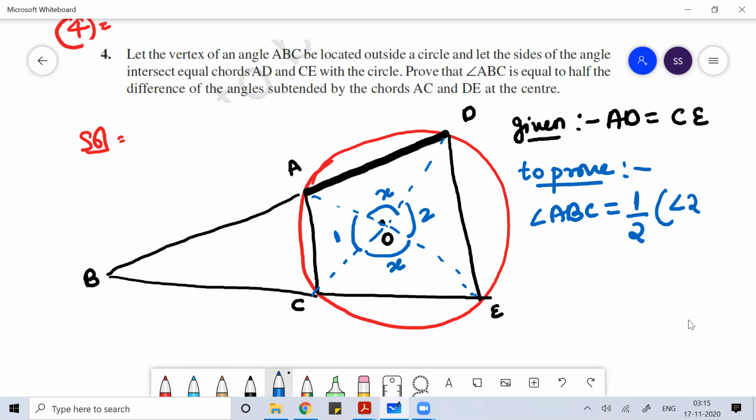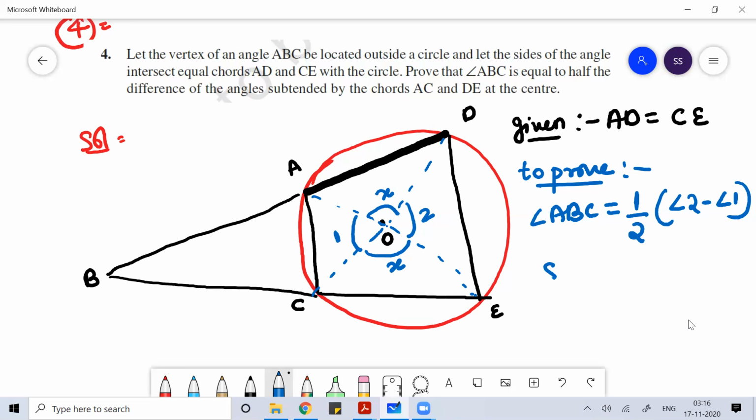That is, half of angle 2 minus angle 1. Angle 2 will be bigger than angle 1 because chord DE is bigger than chord AC, so the angle subtended by DE would be bigger than the angle subtended by AC.